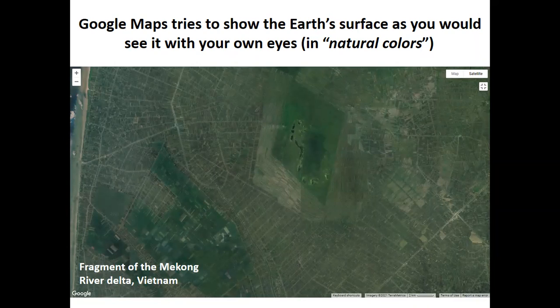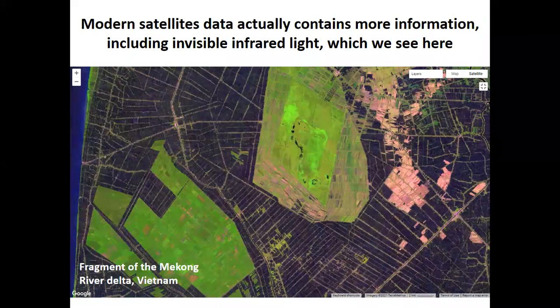For example, this is a fragment of the Mekong River Delta in Vietnam, Southeast Asia. In Google Images in natural colors, you will see virtually all of this area just in these shades of gray and green, basically. And if you employ these invisible infrared channels and visualize them, you will see, of course, a very big difference between rice fields, other types of fields, and other types of vegetation.